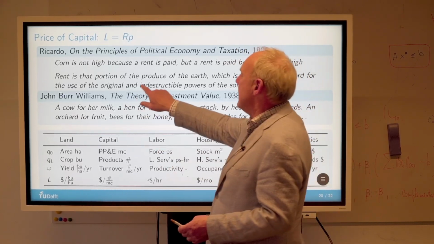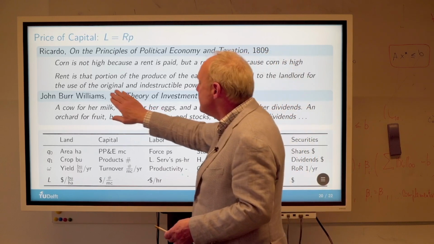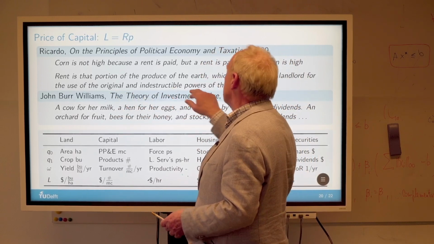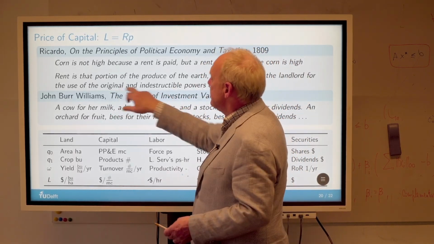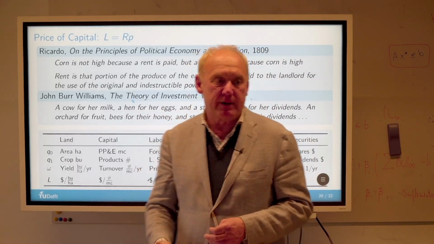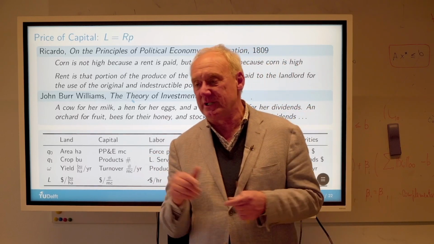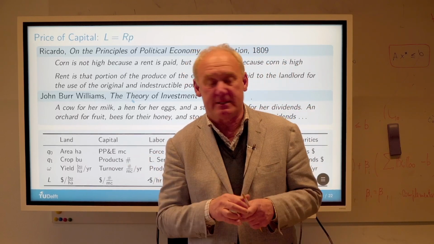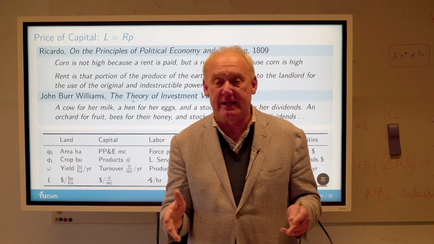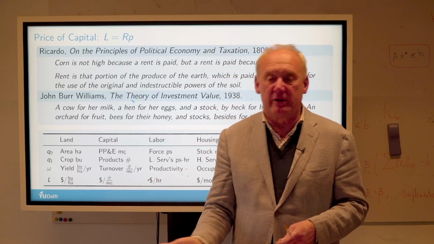And then rent is that portion of the produce of the earth which is paid to the landlord for the use of the original and indestructible powers of the soil. So the original indestructibility means it's an inelastic resource, right? The land, okay? Somebody owns that, right? This is property ownership. This is the beginning of capitalism, that you can actually own this, right? And then you have the right to charge some price for another to use it.